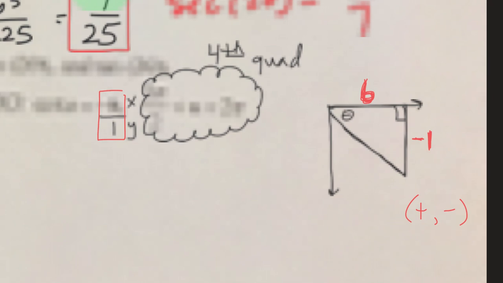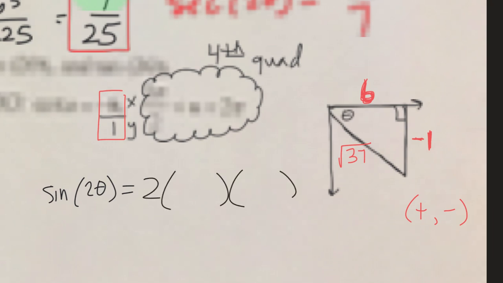And even when we do the Pythagorean theorem, 36 plus 1 is root 37. So here, our hypotenuse is also going to be positive. Okay, hypotenuse is always positive. So the sine of my double angle, 2 times the sine times the cosine. Sine is opposite over hypotenuse.